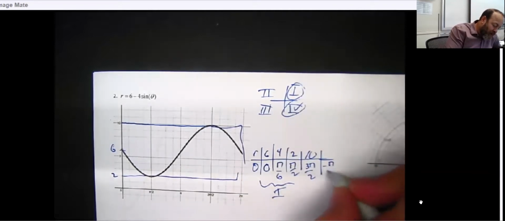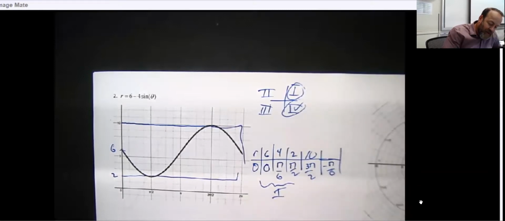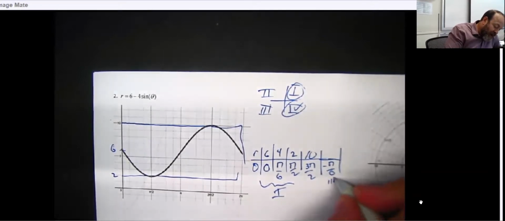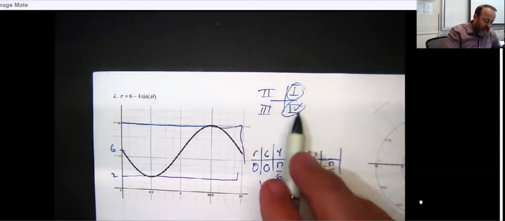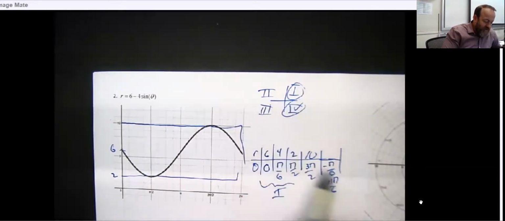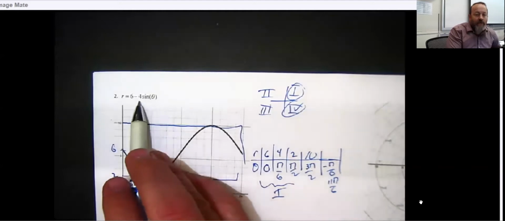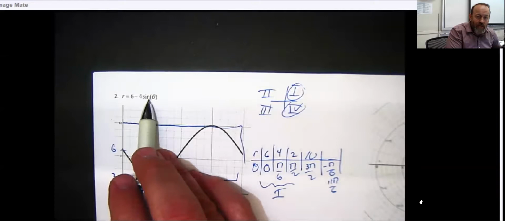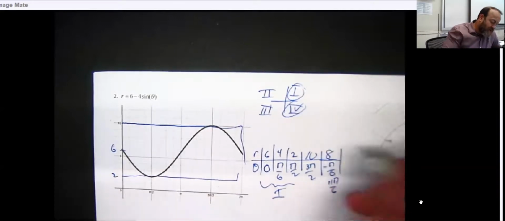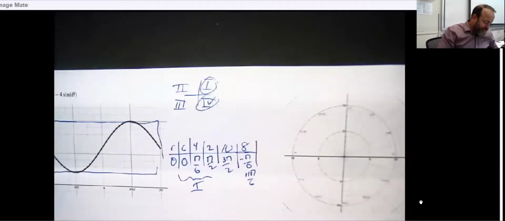And one more value I'm going to pick is negative pi over 6, also known as 11 pi over 6. And so that is where the sine, remember, all students take calculus, where the sine is negative. So if the sine is negative 1/2, I've got a double negative, and so I actually get negative 4 times negative 1/2, which is 2. I got 8. And now I'm ready to go.